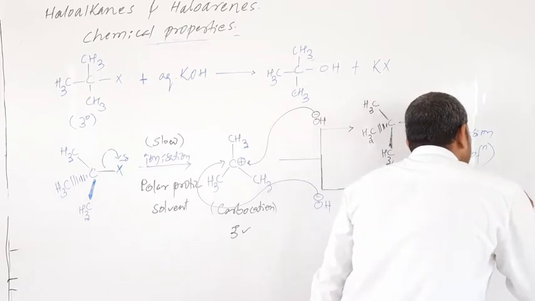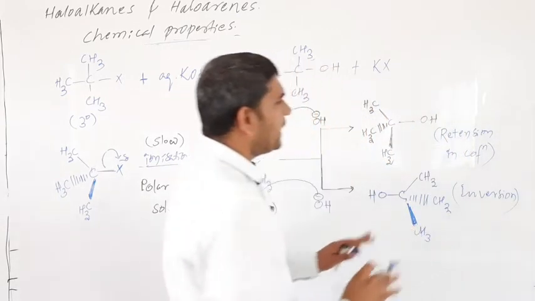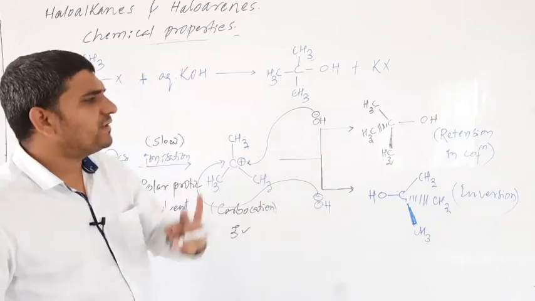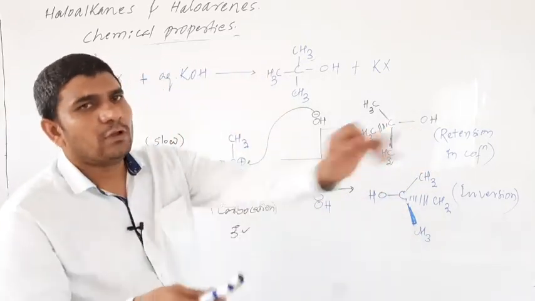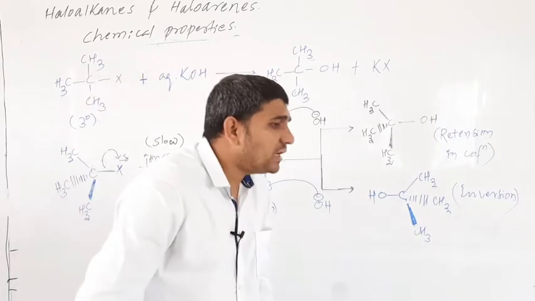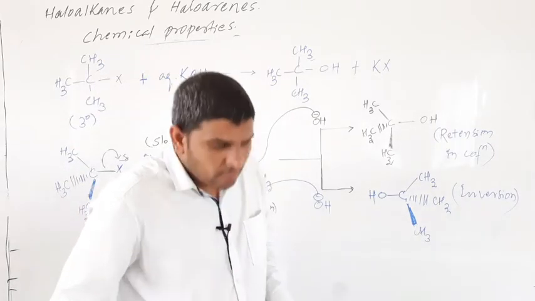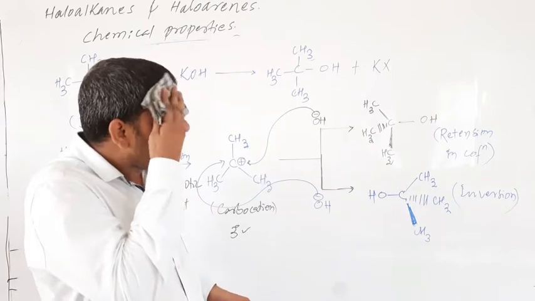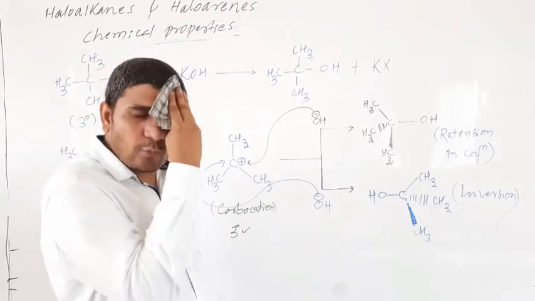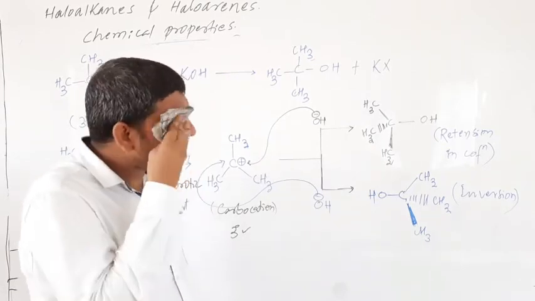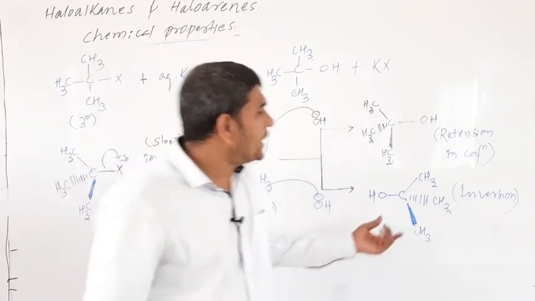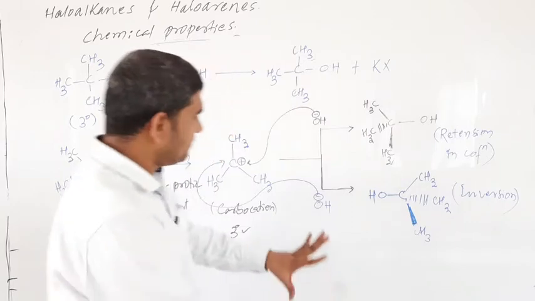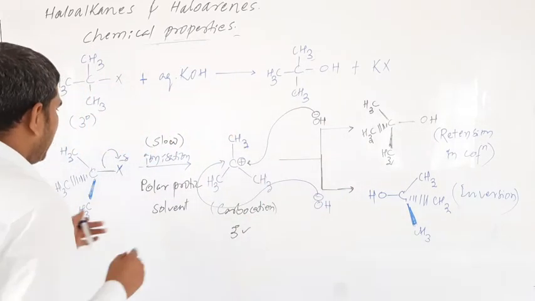Means in this reaction, actually both retention as well as inversion products are obtained. But what is the proportion? How much product is formed with retention in configuration, and how much product is formed with inversion in configuration, that we will discuss. Listen carefully.